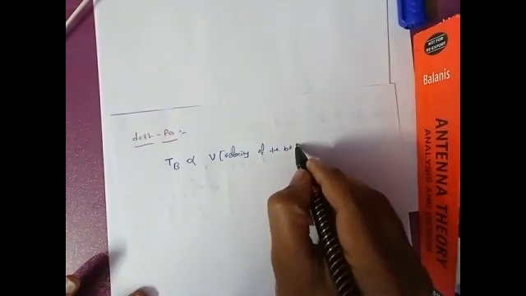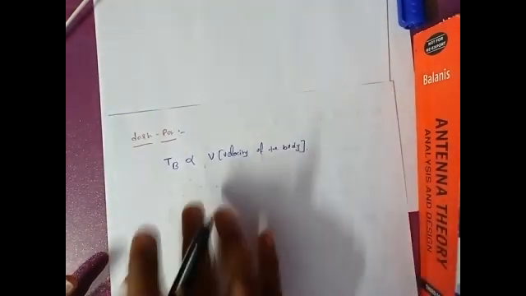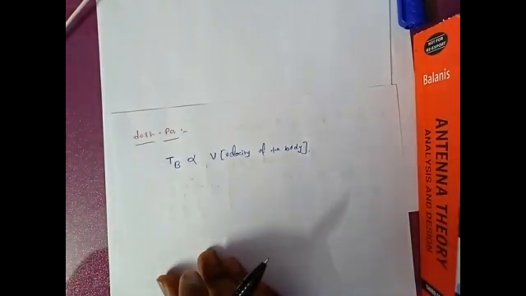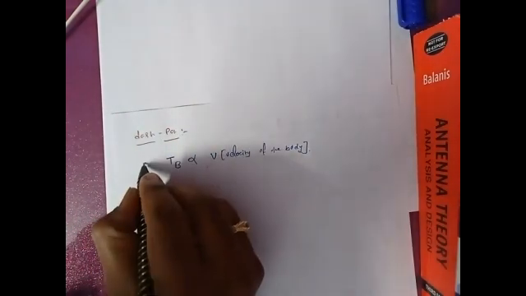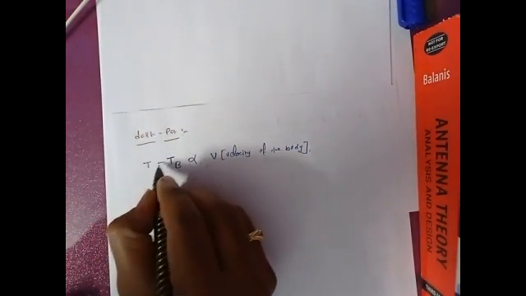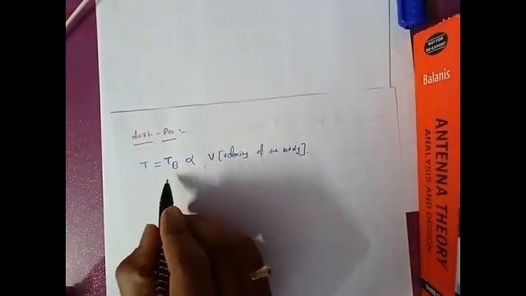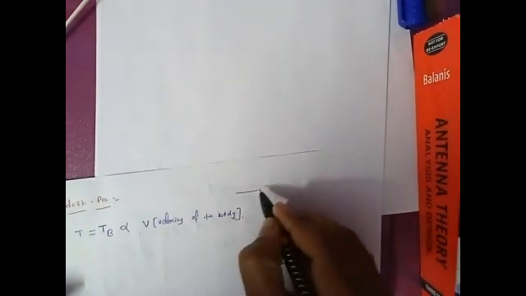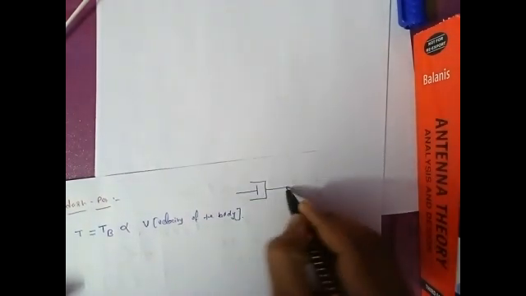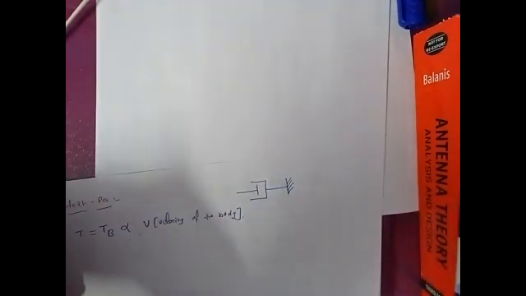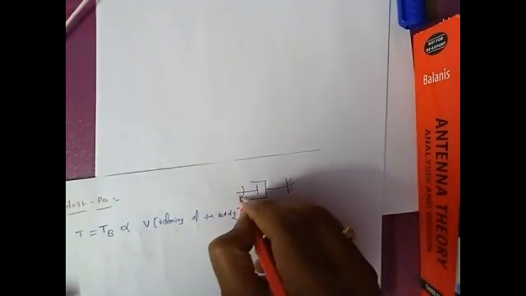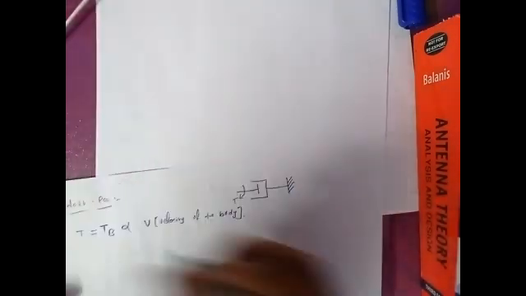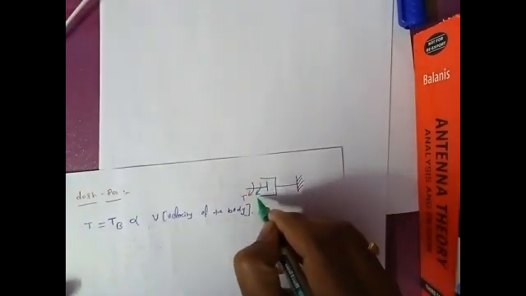We already discussed, when discussing the translational system, why it is only velocity and not acceleration. So whenever you apply the T, as per Newton's second law, T equals Tb, which is directly proportional to the velocity of the body. The dashpot will be represented like this. Here I attach one end to the wall. I apply the force T, and the displacement is theta.